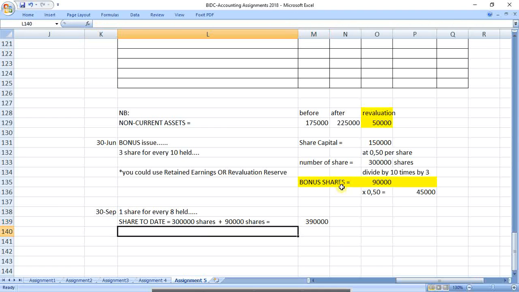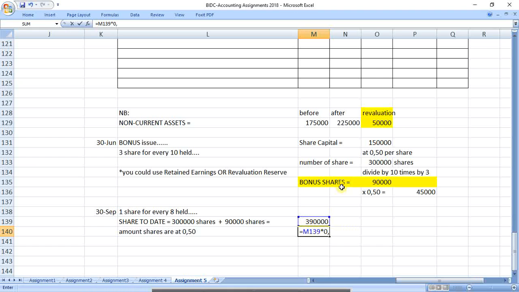In terms of the amounts, the shares are at 50 cents. That times 0.50 gives the dollar amounts, and that's the shares.